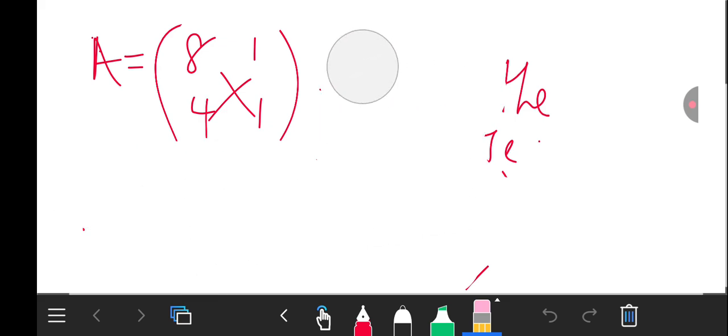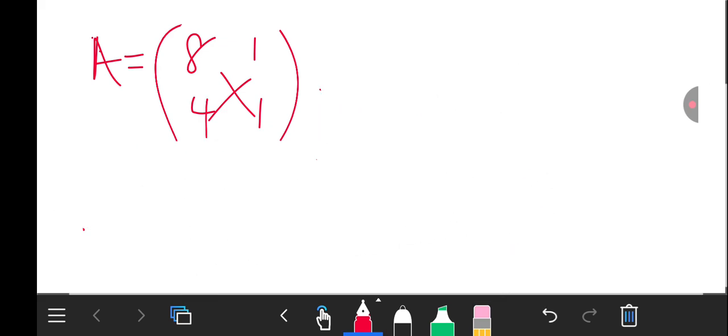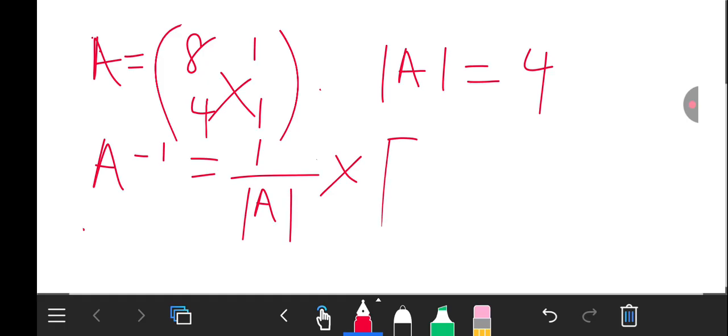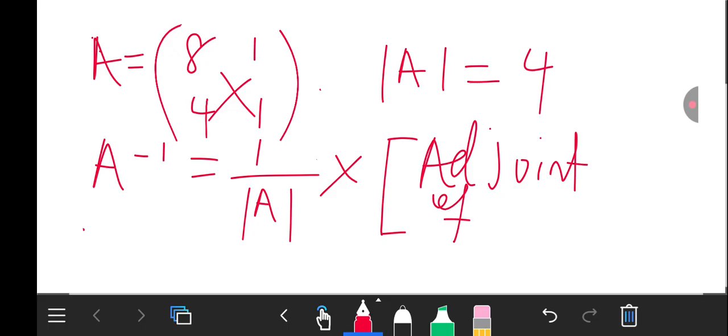So we know that the determinant is 4. To find the inverse, A inverse is given by the formula 1 over the determinant of A, multiplied by the adjoint of A. So this is the formula we shall use.